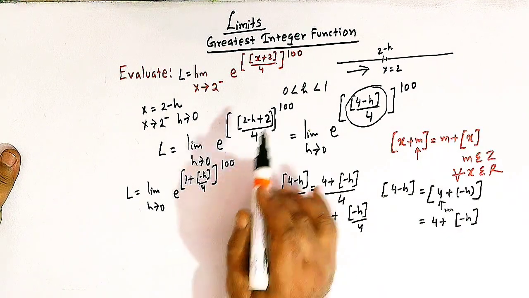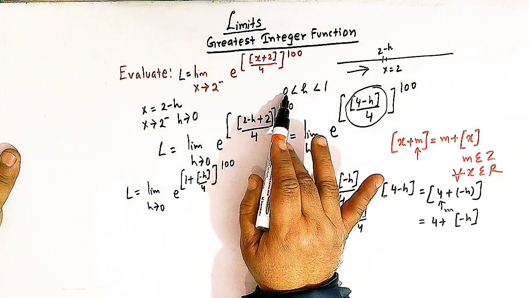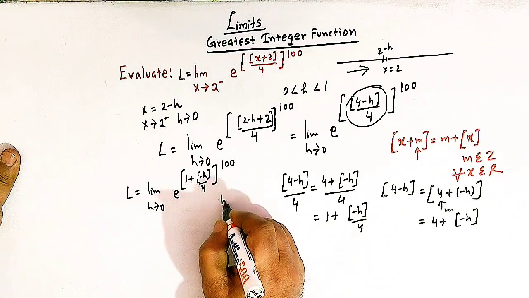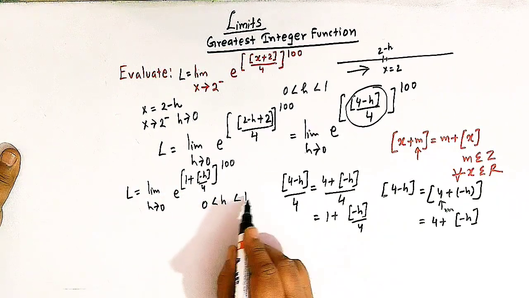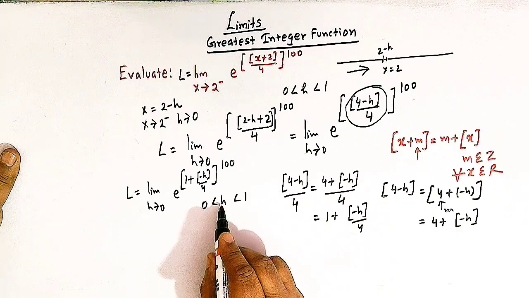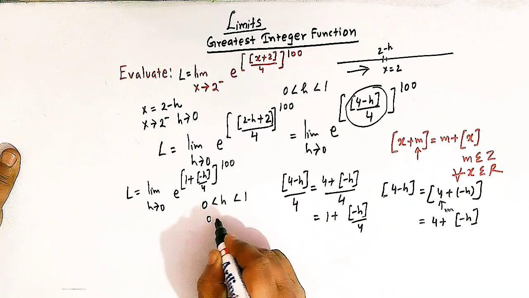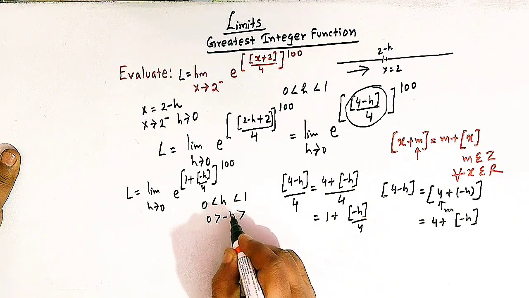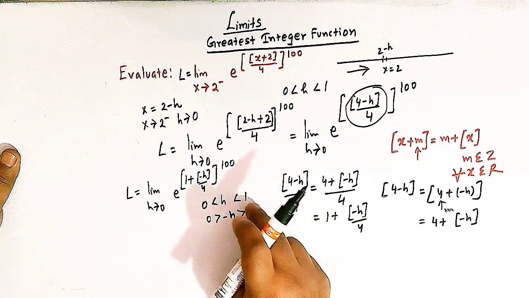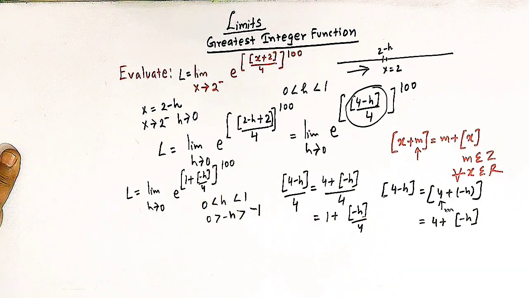So now we know that h lies between 0 and 1, right? So h lies between 0 and 1. So if we multiply throughout by minus 1, then we have 0 and the direction of the inequality gets reversed. So here we have minus h, then here we have minus 1, right?